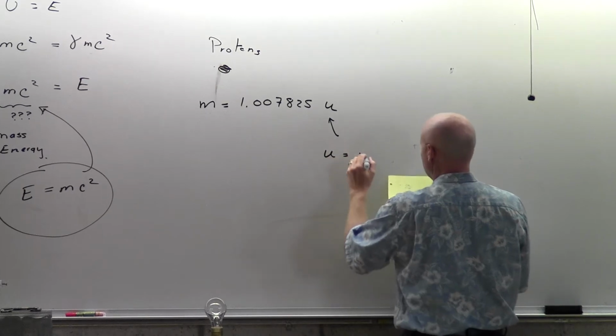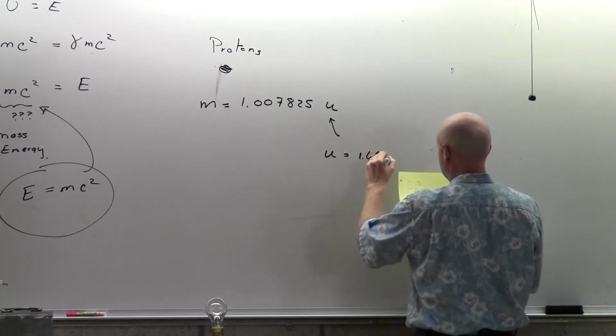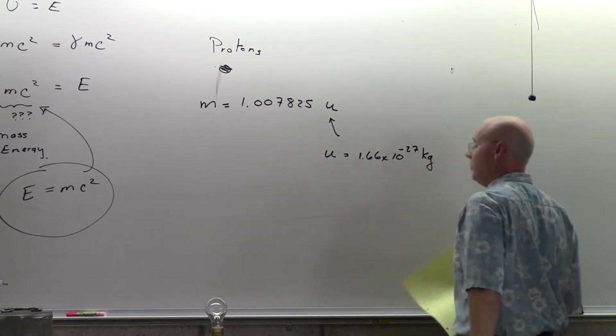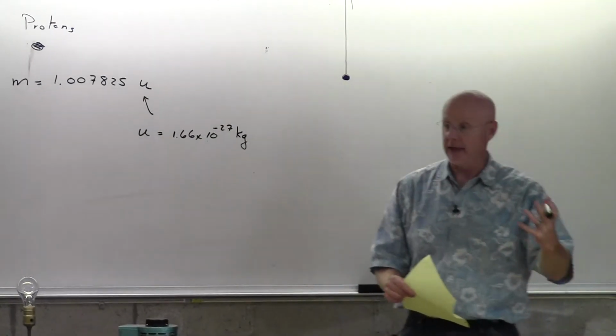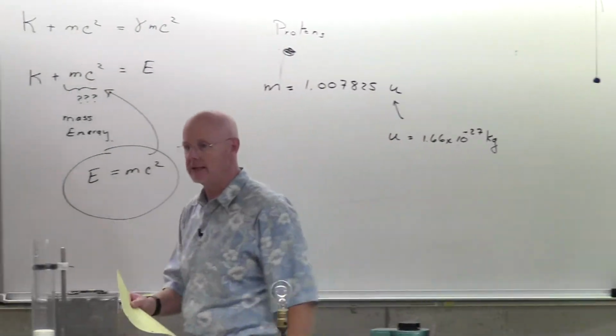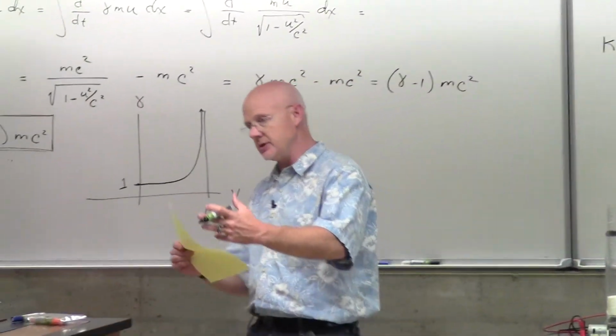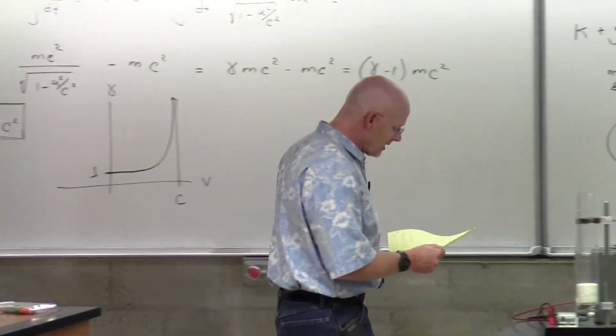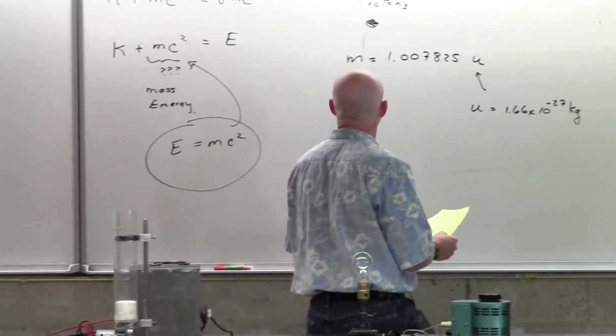Well, if you're not familiar with atomic mass units, it is a small amount of mass that is used to measure small little things. So that's why we like to measure little protons and neutrons and electrons in atomic mass units. So that's what you get when you measure one proton.